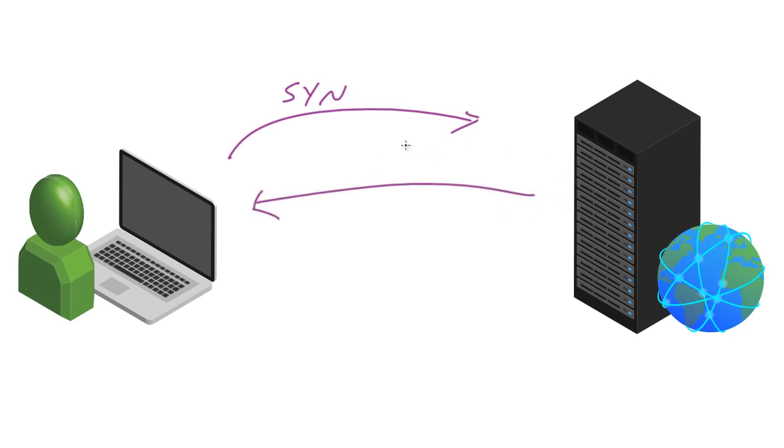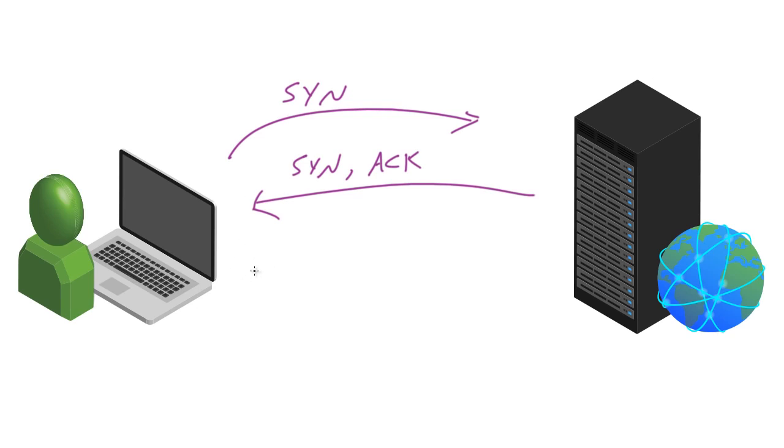So the server, once it hears that request, is going to send back a SYN ACK. This is the synchronization, and ACK stands for acknowledgement. It pretty much says, I acknowledge that you made a request, and yeah, sure, go ahead, you can connect to me.